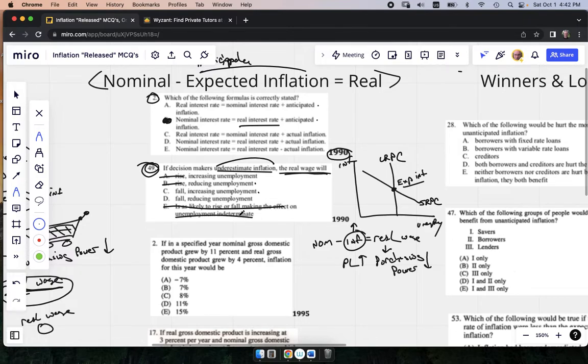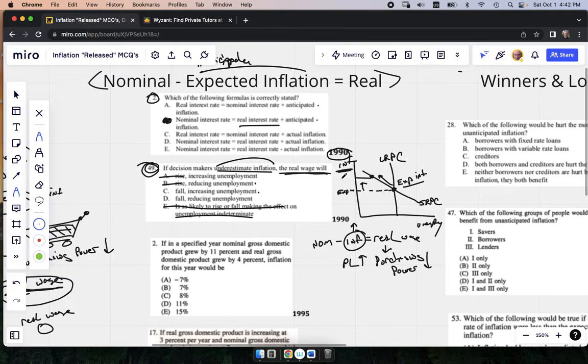Now, this is what gives me a little bit of pause here. But I should be able to recognize that if this is inflation on the vertical, if we have inflation, we're moving up our short run Phillips curve. So let's say that inflation has gone from expected inflation, which would be right there, and inflation has gone up.